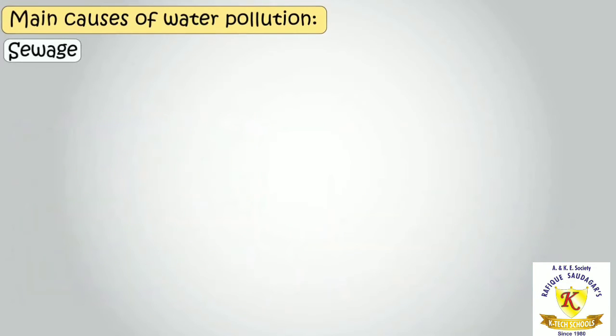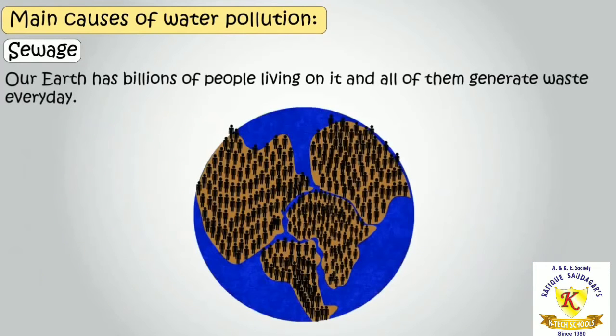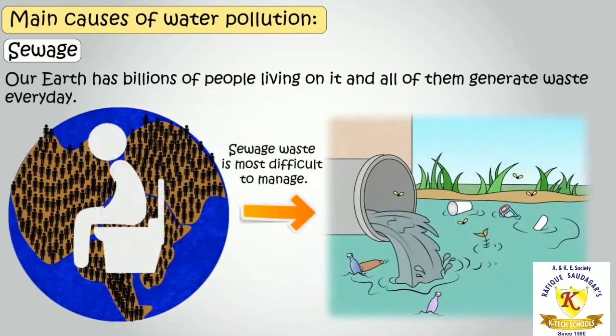Children, the next reason is sewage. Our earth has billions of people living on it, and all of them generate waste every day. Managing this waste is a very big problem for all of us. Out of that, sewage waste is the most difficult to manage.